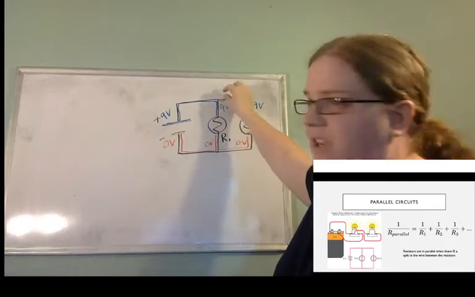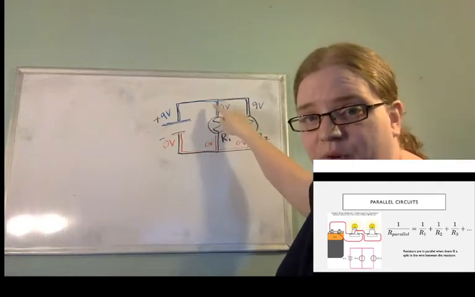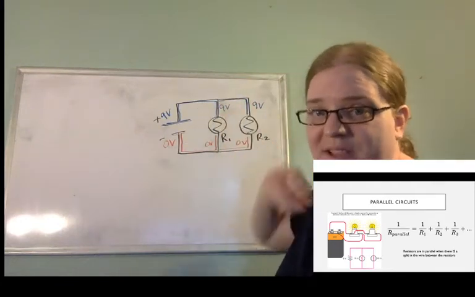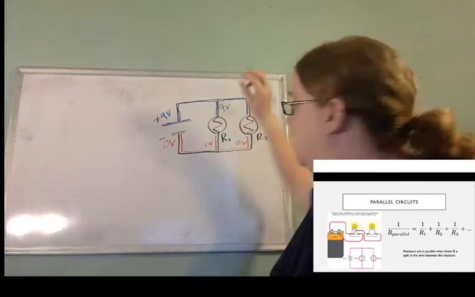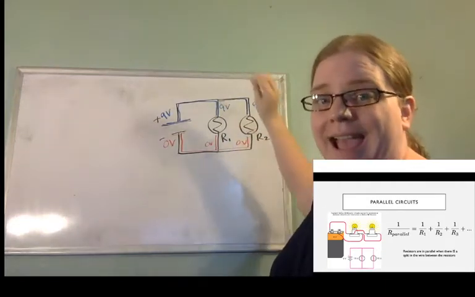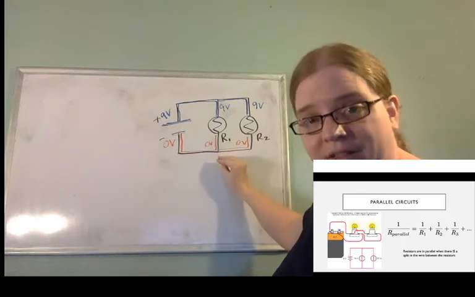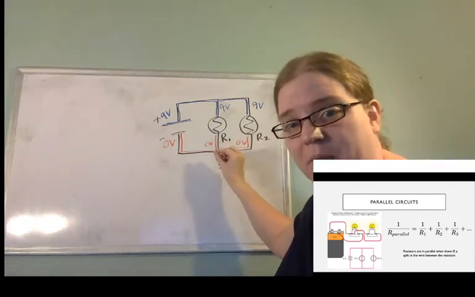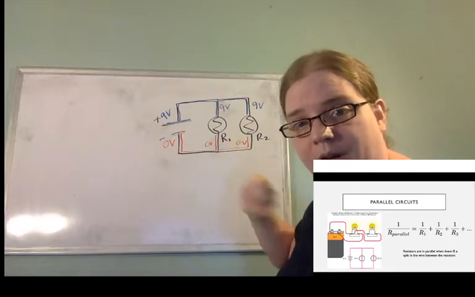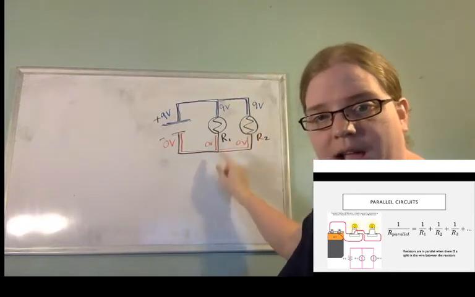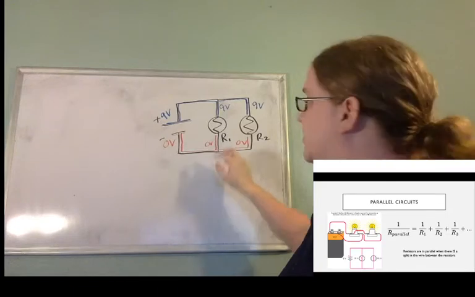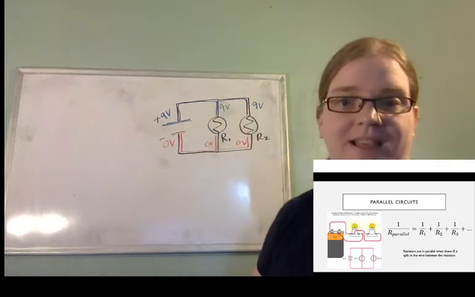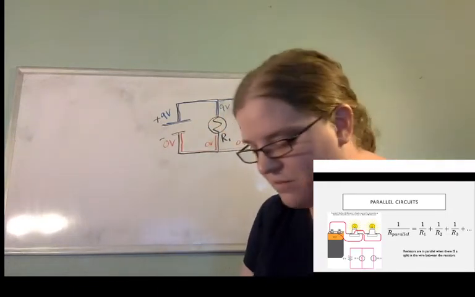There's a connection point here, and the important thing is that connection point puts them at the same potential on the top of the resistors. And at the bottom there's another connection, and that bottom connection puts them at the same, although different, value, right? It's 0 instead of 9, but they're both 0, just like both of these are 9. That's what happens with the energies when you're in parallel.